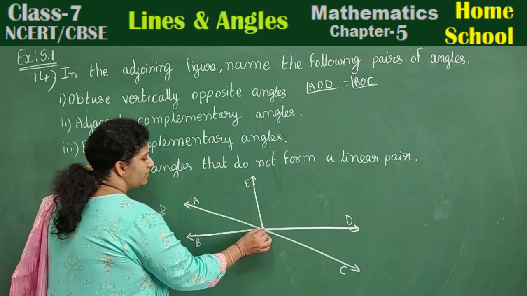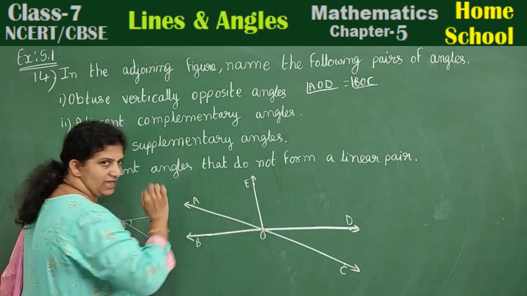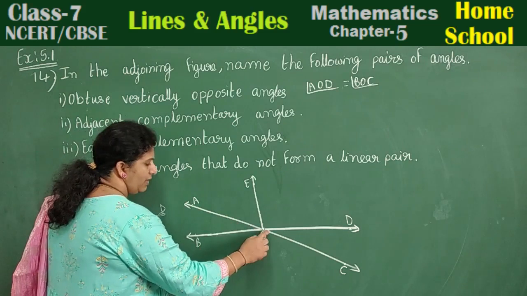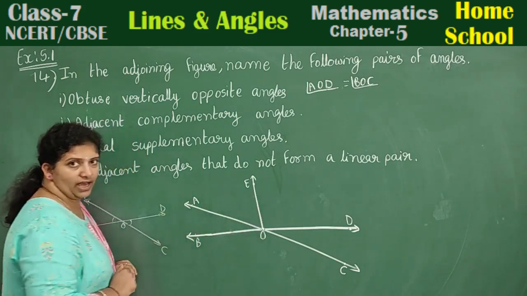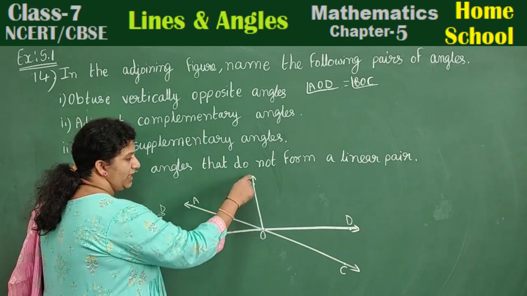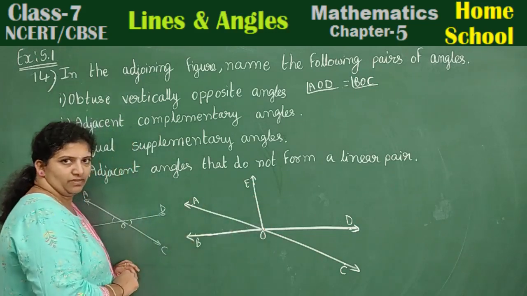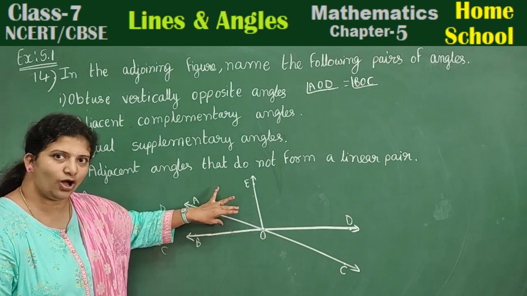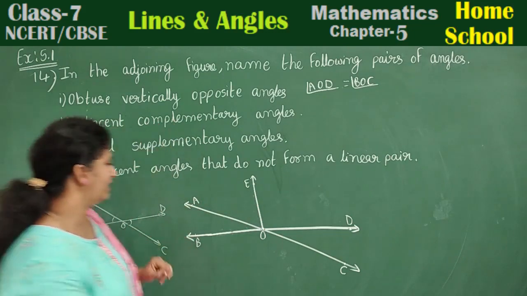This is a common vertex for this angle and also this angle, right? And these two angles have a common arm and the non-common arms are on either side of the common arm. Yes, these two adjacent angles' sum is complementary. This ray is perpendicular, you can say. So write here adjacent complementary angles.